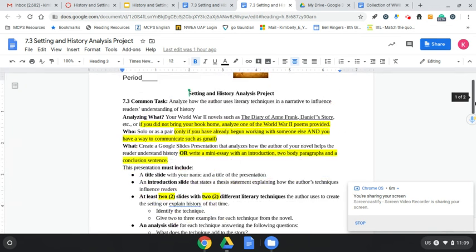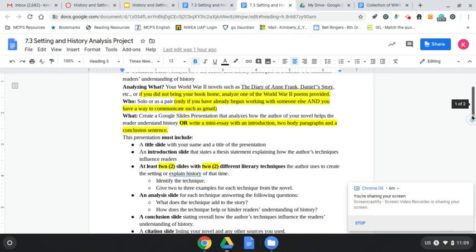So going back to the changes. I had told you that you could work alone or work as a pair. That is still true. However, if you've already begun working with someone else and you have a way to communicate with them now, you can continue to work as a pair.